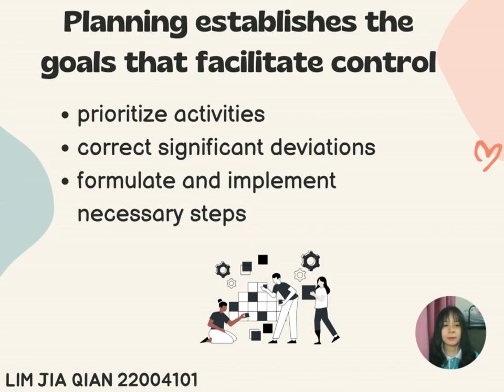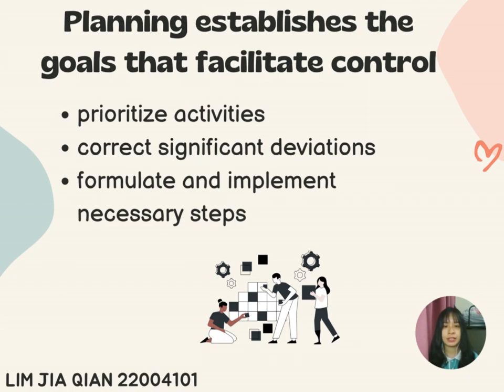Furthermore, planning helps to establish the goals or standards that facilitate the controls. This is because planning can show the objective for each organizational department and help the managers to prioritize the activities depending on their relevance to the goal. When the managers develop a plan, they can see whether the plans are carried out and the goals are met.